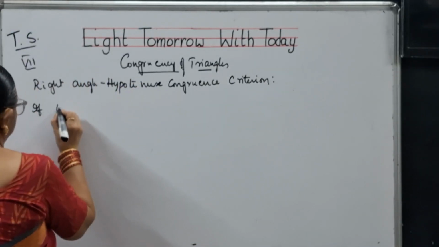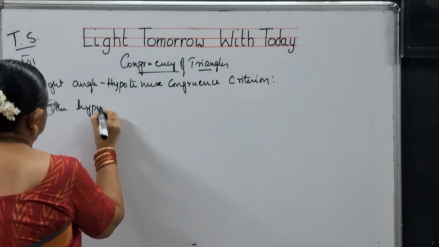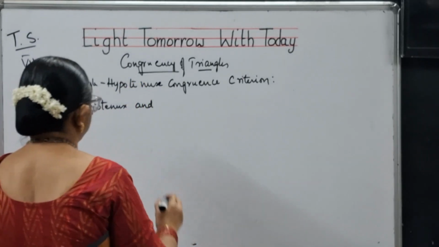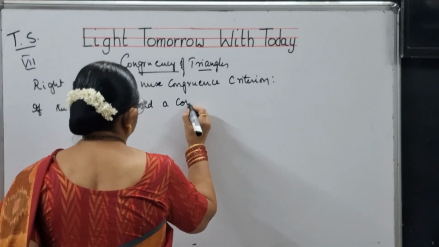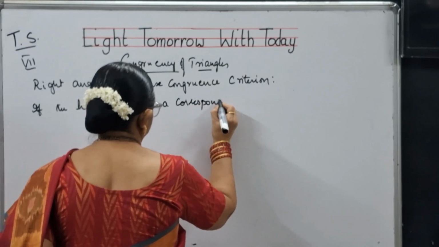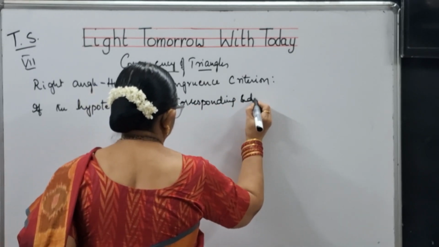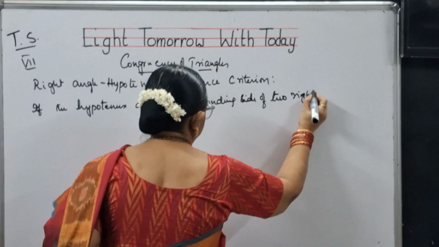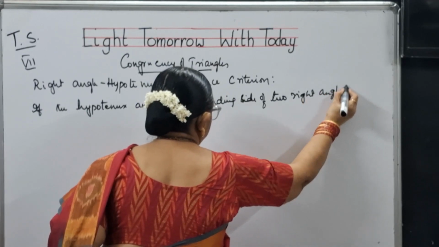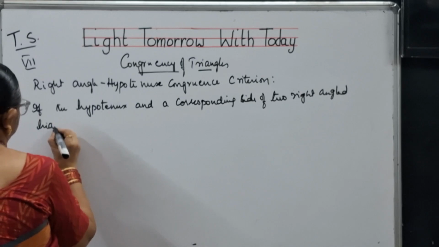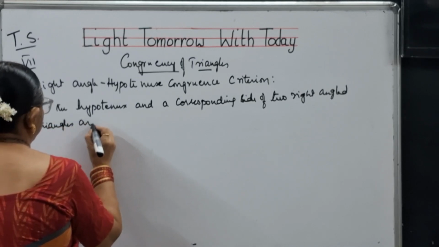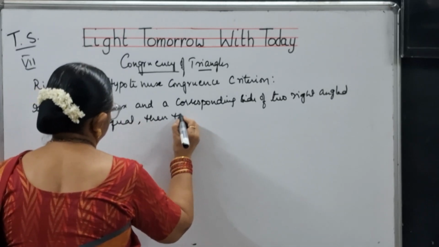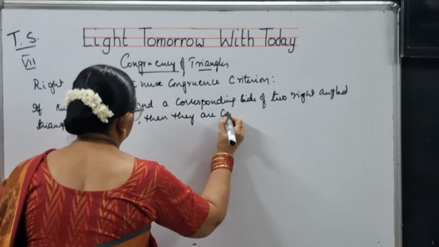If the hypotenuse and a corresponding side of two right angled triangles are equal, then they are congruent.